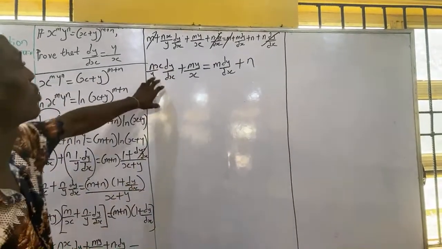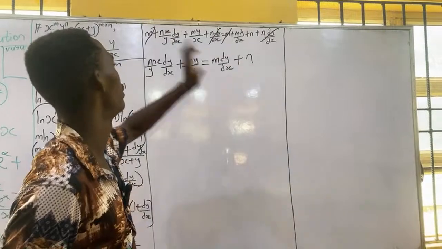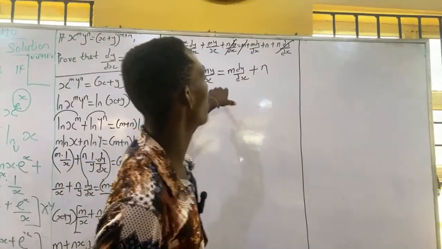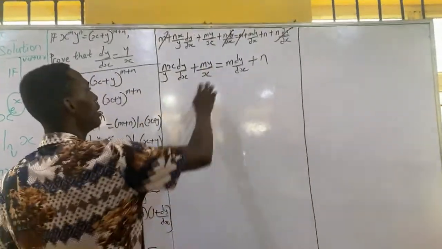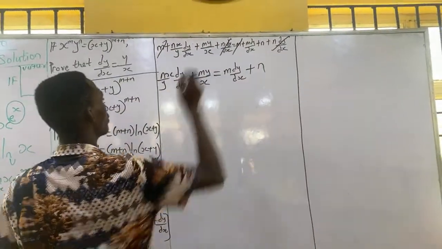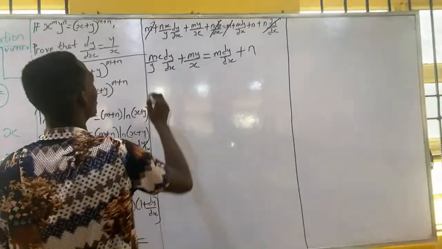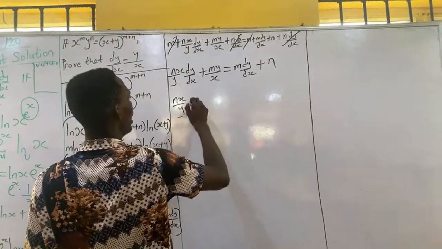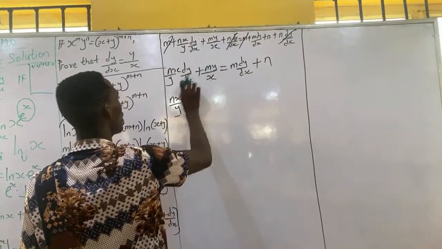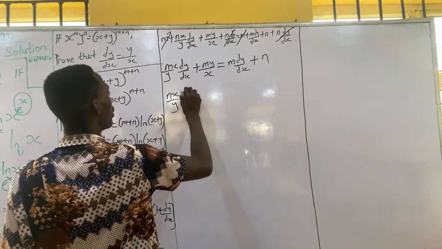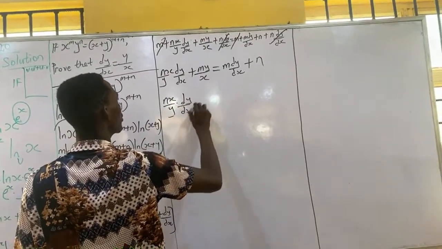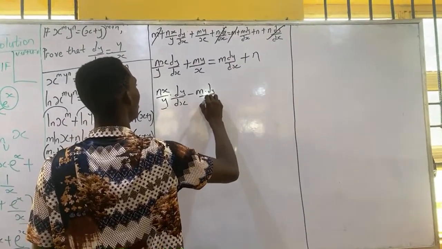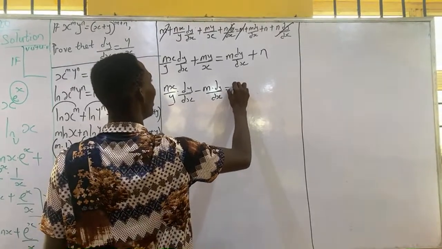Alright, now what do we do? You collect like terms. This one has dy dx, this one has dy dx. You put them on one side. This one is a constant with an unknown variable, and this one also has a constant. So these ones are similar and these ones are similar. So let's write nx over y dy dx minus m dot dy dx is equal to n.